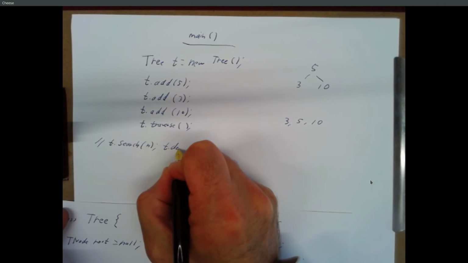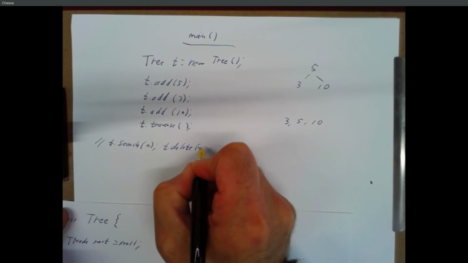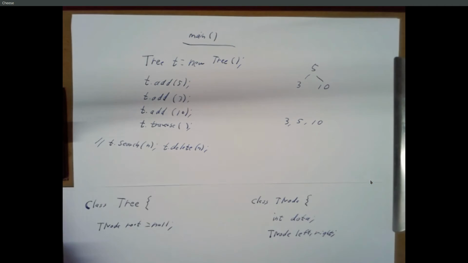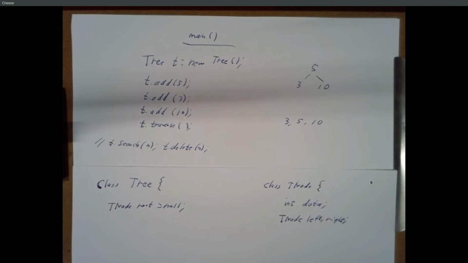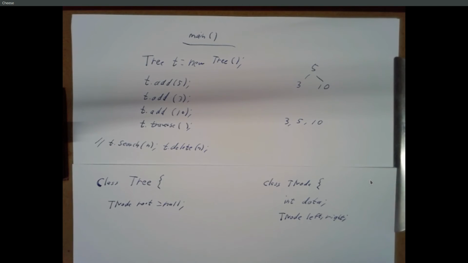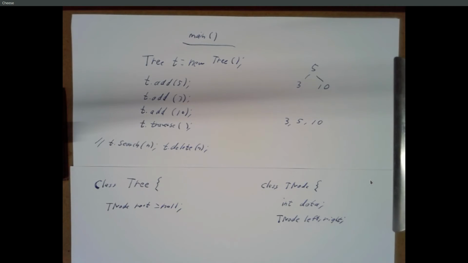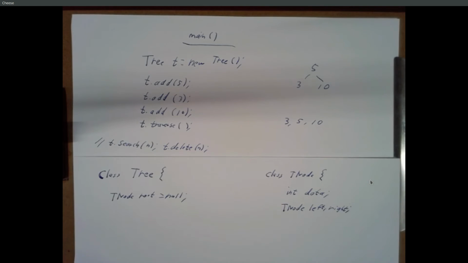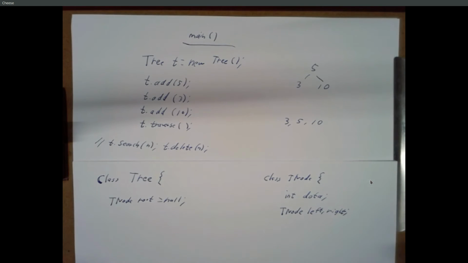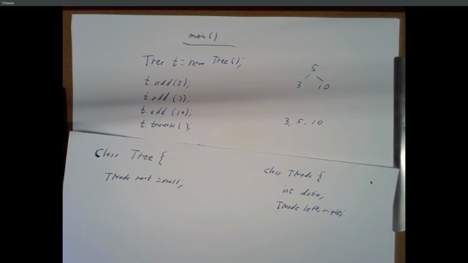We might want to delete. And there could be other things that we could do if we were going to go crazy. We could have something to zero out the whole tree, which would be pretty easy because we just set the root back to null. We could have something that clones the tree and gives us back a copy of it, etc., etc. But let's just think about adding and traversing and constructing.